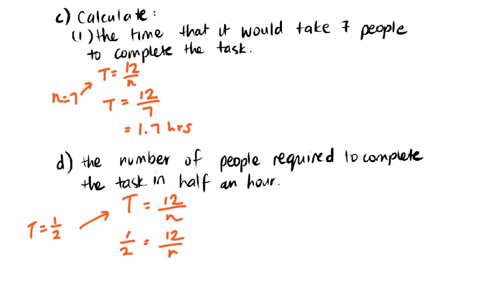Now, if we rearrange our formula, the first thing is I'm going to multiply by 2 on both sides. So I've got 1 equals 12 over n, and to get rid of that 2, I've multiplied by 2.